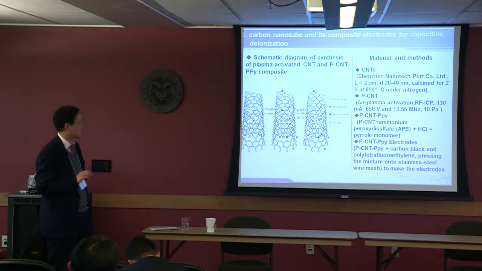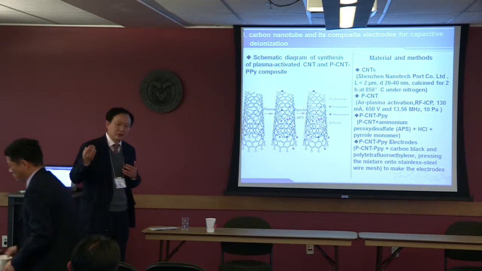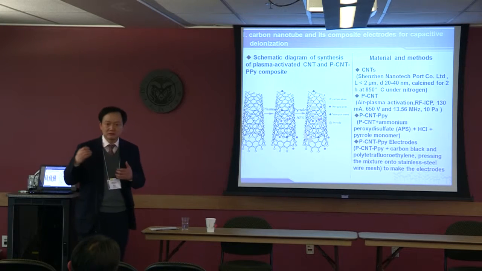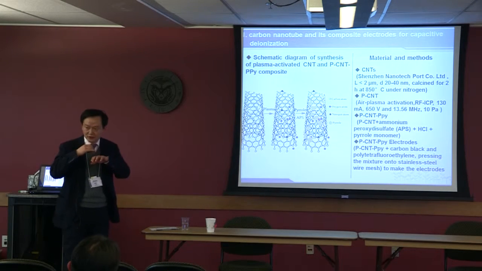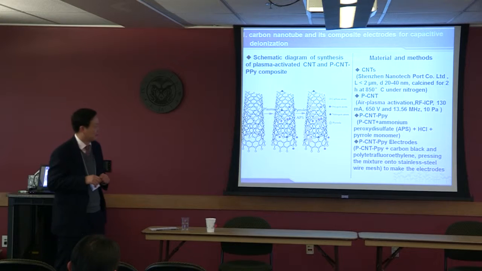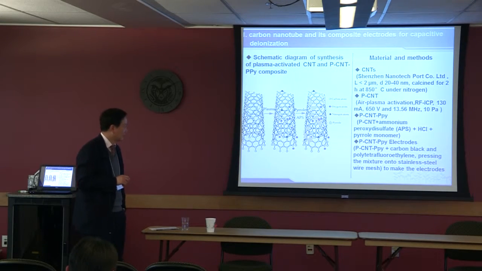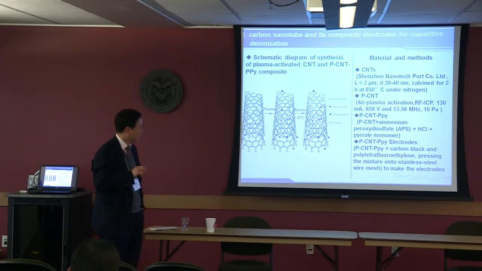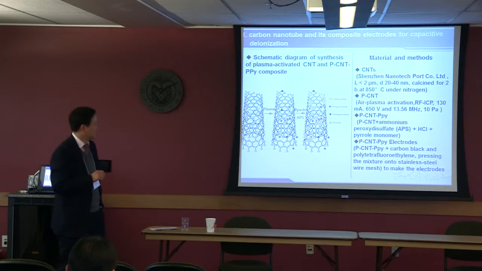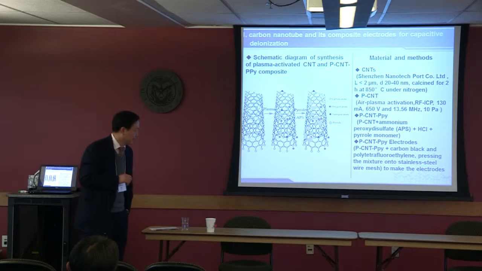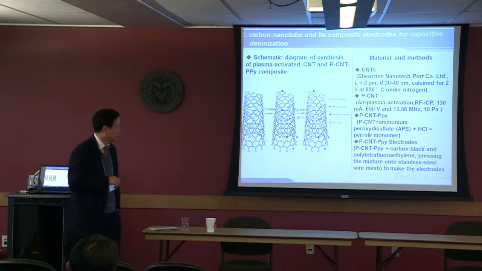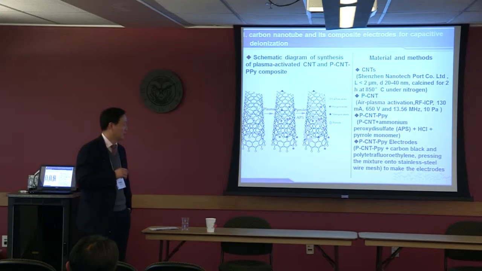The third step is we try to introduce polypyrrole groups on the surface of the carbon nanotubes. What we have done is just put the plasma activated CNTs mixed with ammonium peroxydisulfate, and also add the pyrrole monomers.